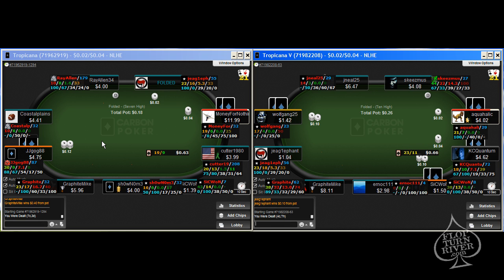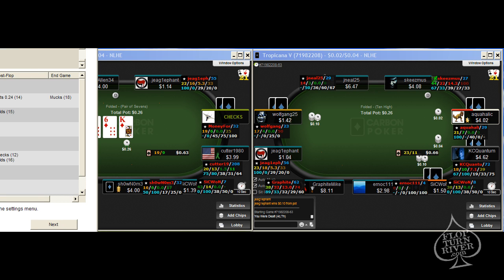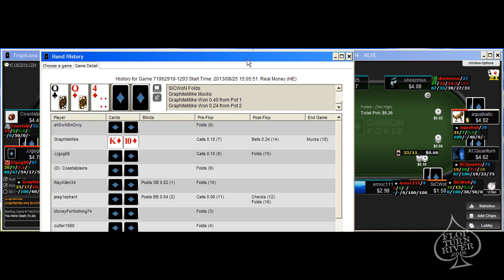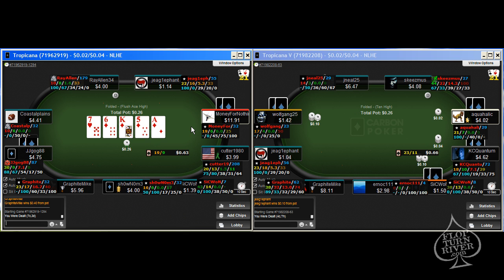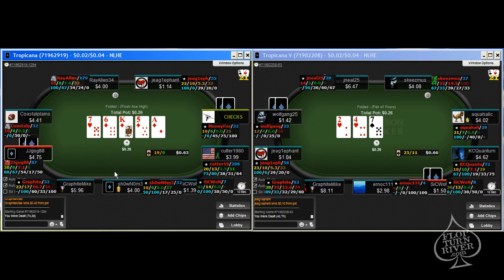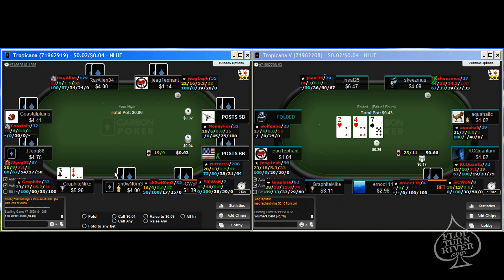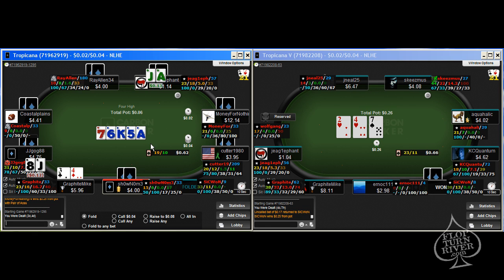But if their range is so wide and they have everything, they don't just have random queens in their range. They have random jacks, random sevens, random kings. If their range is wide, that doesn't mean they have a monster. It means they have nothing most of the time. So given that there was no action to me, I thought it was pretty good, a board where everyone's going to miss a lot of the time. And so that's why I made the semi-bluff there in a four-way pot, which usually I don't do.